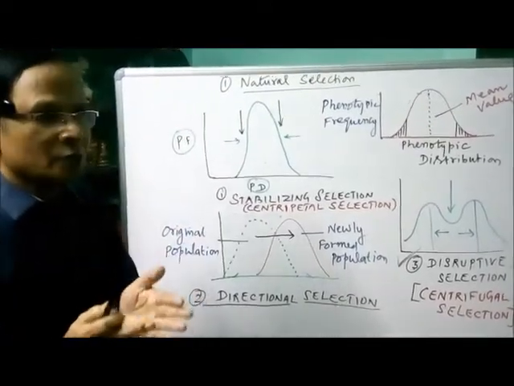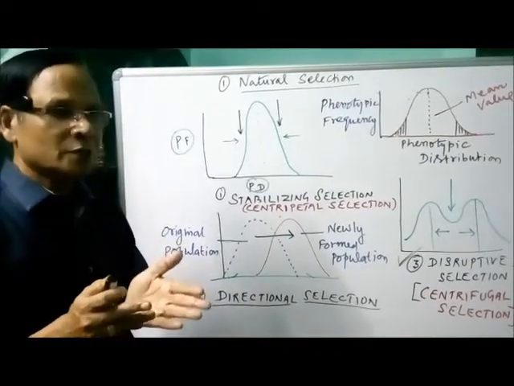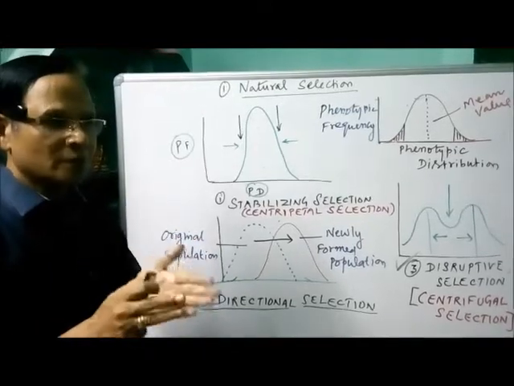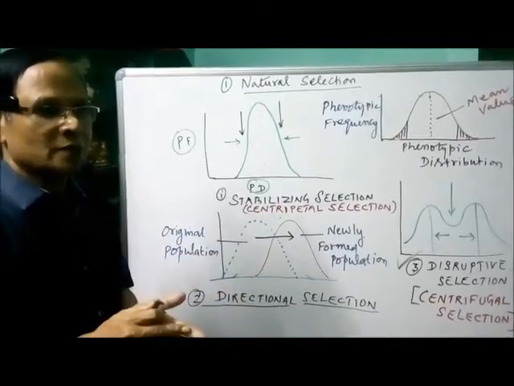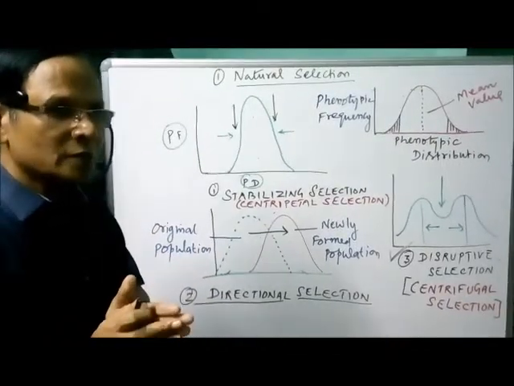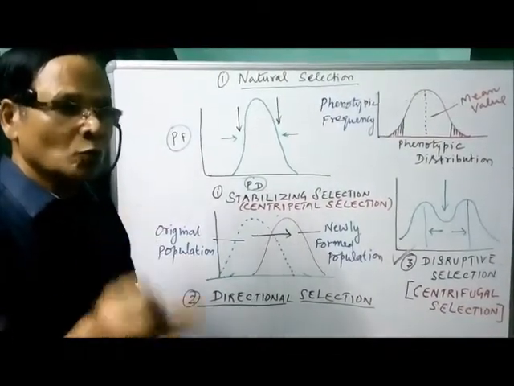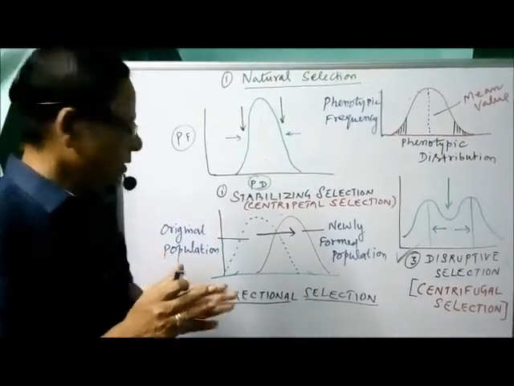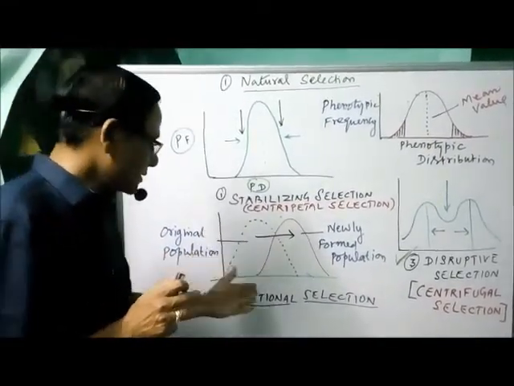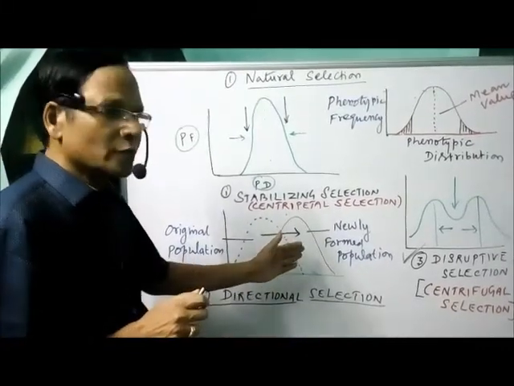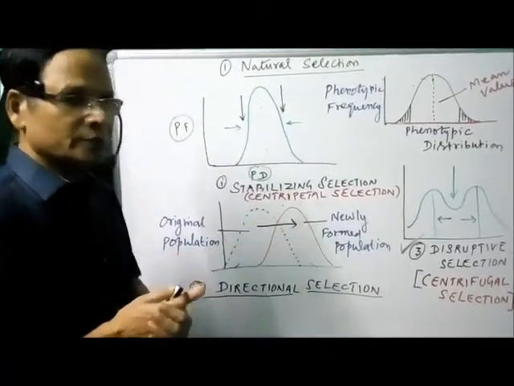Now here the directional selection, if you are taking for example the sparrows with reference to size, the male and female sparrows. Generally speaking, they are similar in external morphology. There is no difference. But with reference to the body weight, the males have more weight than the females. So the females show directional selection from the median weight towards large weight.